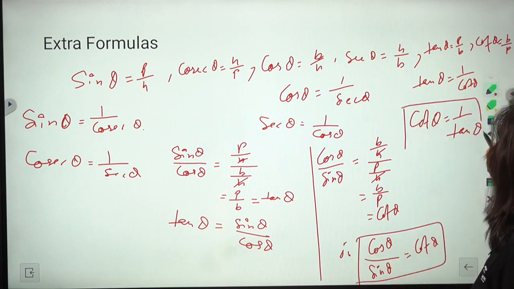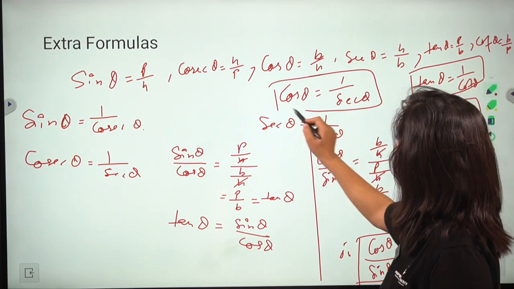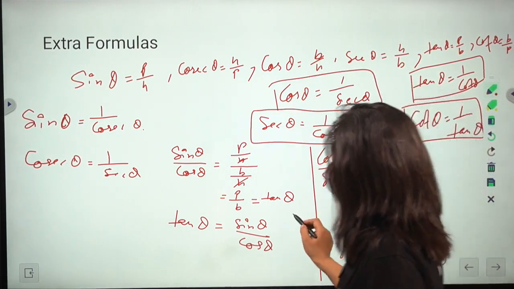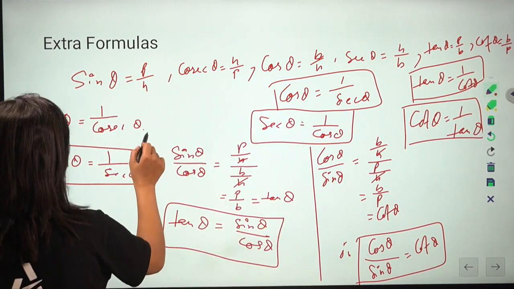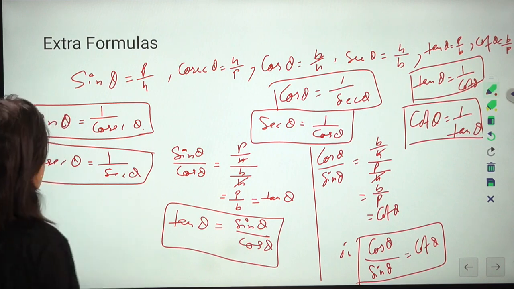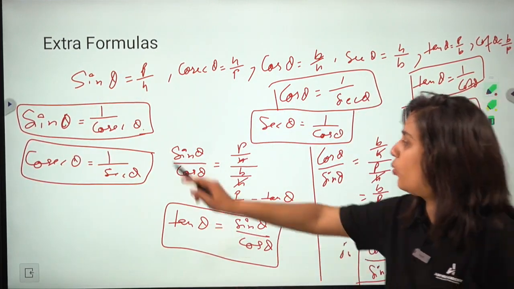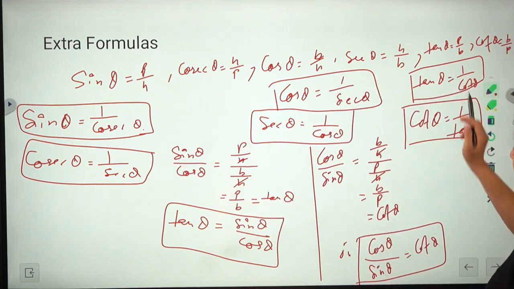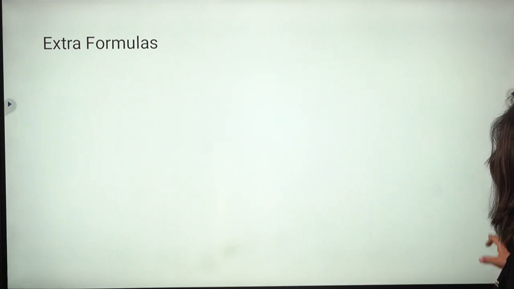This all formula you have to memorize. Clear? So how many formula we get? 1, 2, 3, 4, 5, 6, 7, 8 formula. Clear? Okay. Now let's move to the next slide.